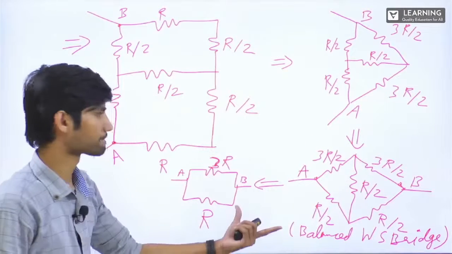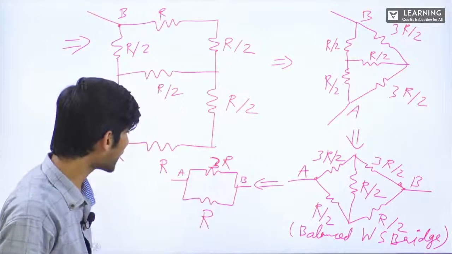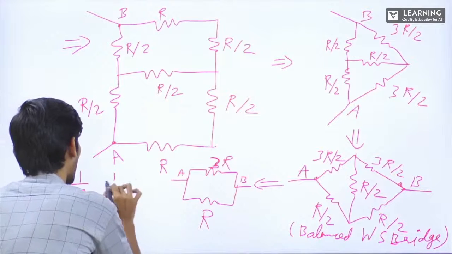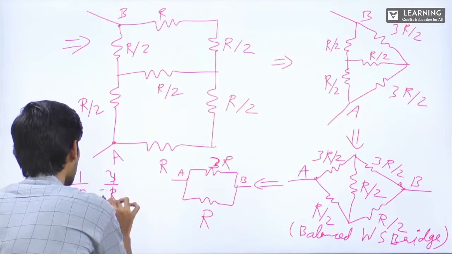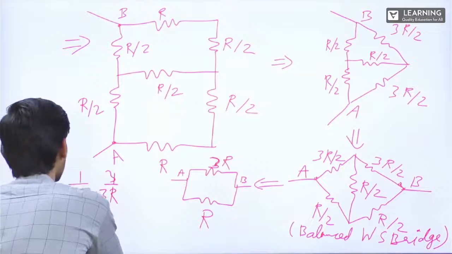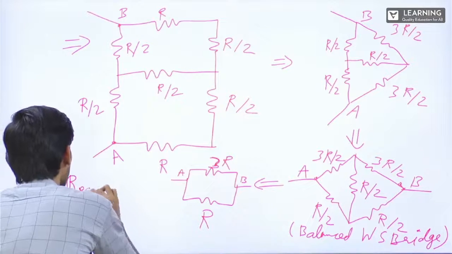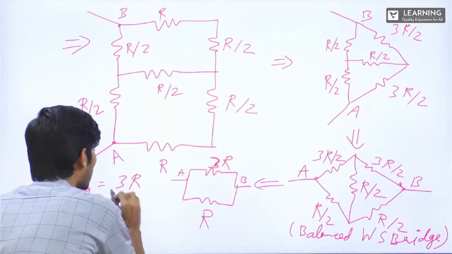All right. Now see, 3R and R are parallel. So 1 upon 3R, 1 upon R. So 3 upon 3R, 4 upon 3R, 3R by 4. Just calculate. R equivalent will be 3R by 4.